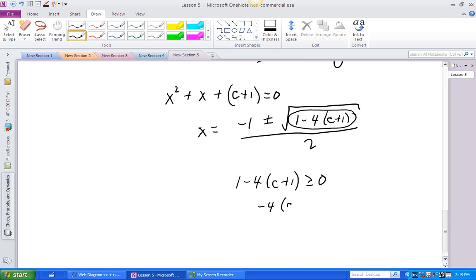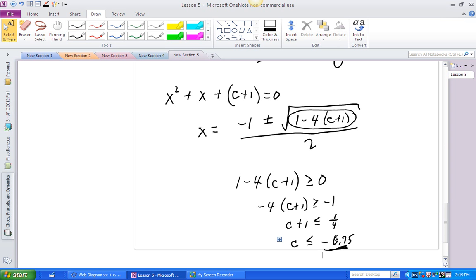I get negative 4 times c plus 1 is greater than or equal to negative 1. So c plus 1 has to be less than or equal to 1/4, which means c has to be less than or equal to negative 0.75. And we've just shown that negative 0.75 is the boundary between a 1-cycle and a 2-cycle.